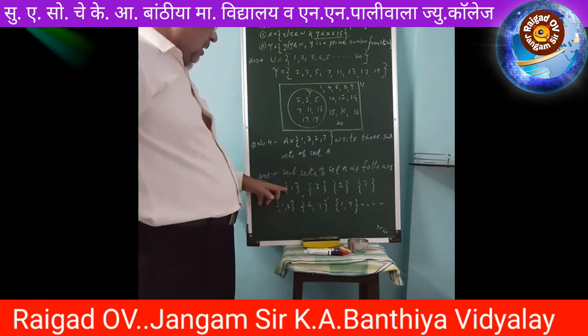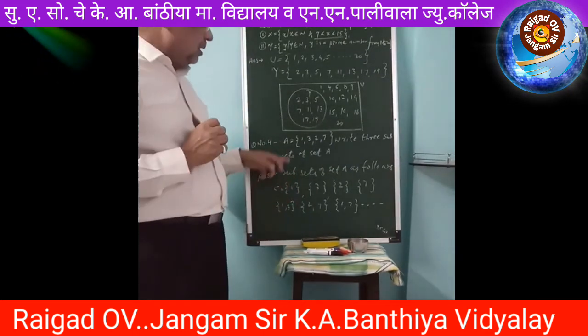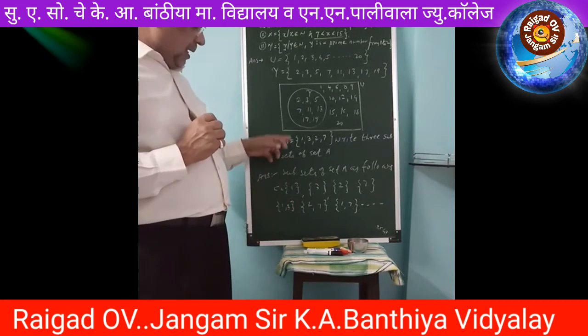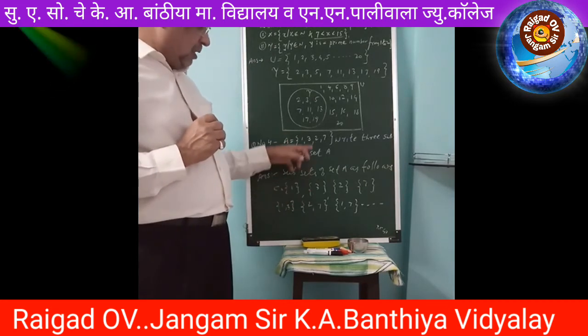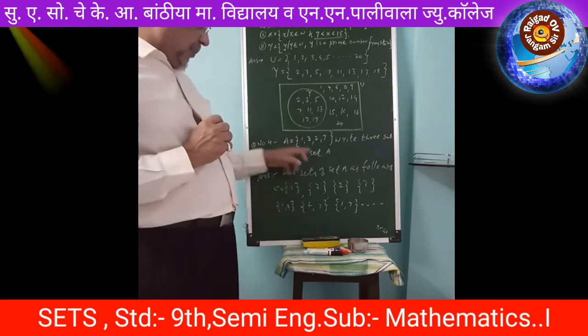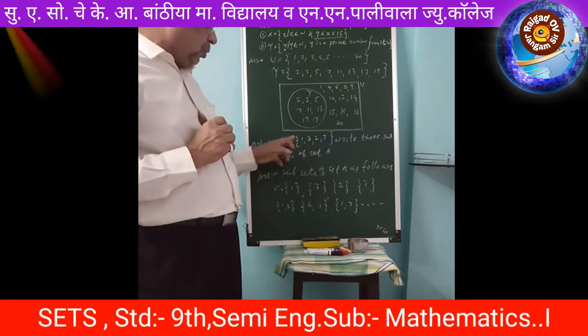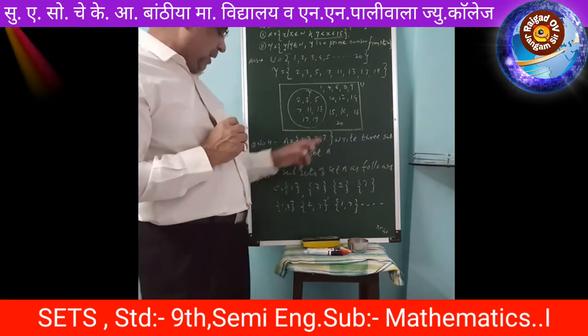Therefore this set C, right here, C equals 1, so C is a subset of A. Similarly 3 is also here, so this set is also a subset of A. This 2 is also present in set A, hence this set is also a subset of A. 7 is present.